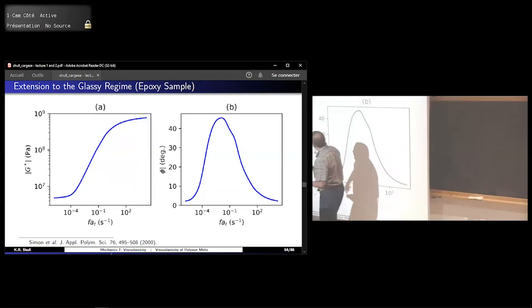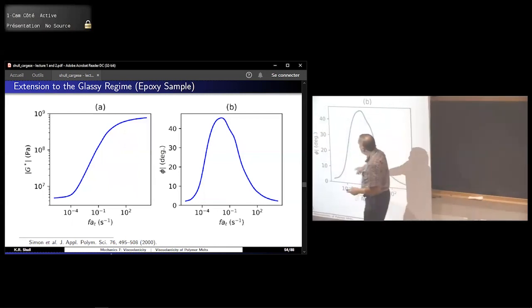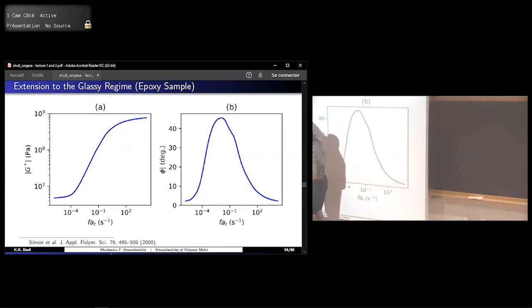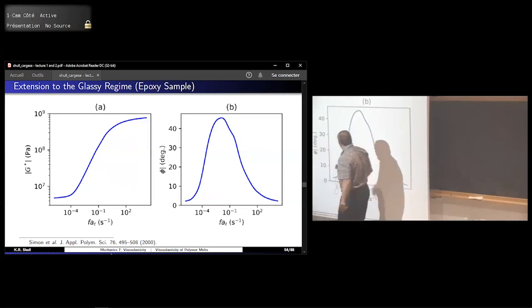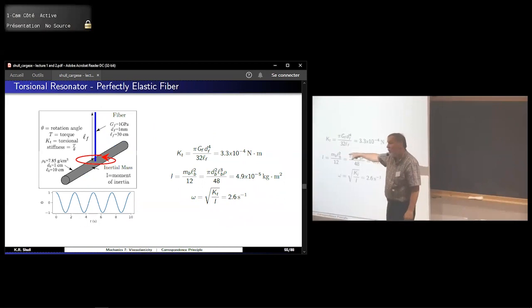What I did is use a point way up here to convert to G prime and G double prime, and a phase angle down here. It turns out the phase angle isn't really very accurate. A more accurate way to measure is to actually do this and see what you get.